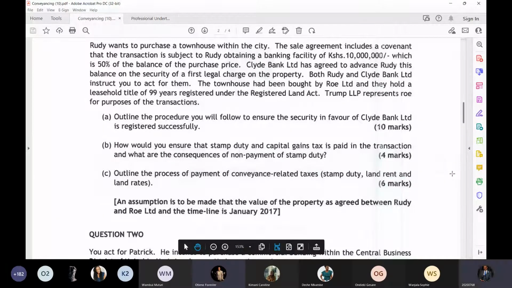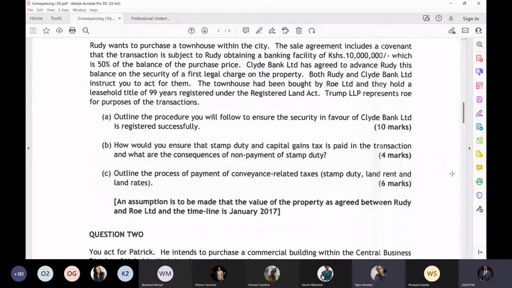Okay, it's 0.1 of the banking facility. So I think that's it in terms of assessing the amount secured. So it's 10 million. How will it be 20 million if we are calculating stamp duty between who and who?